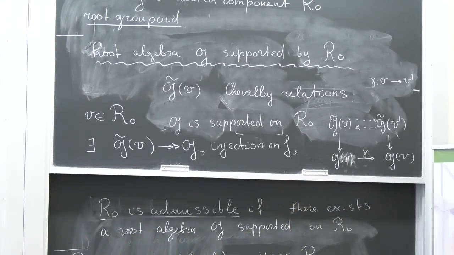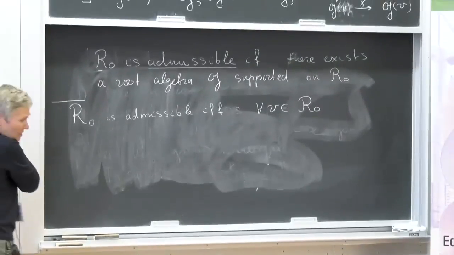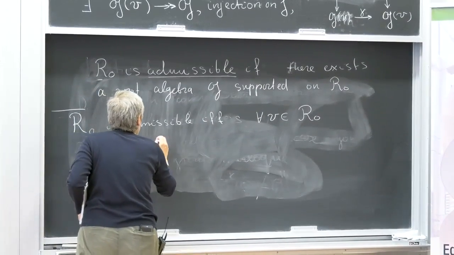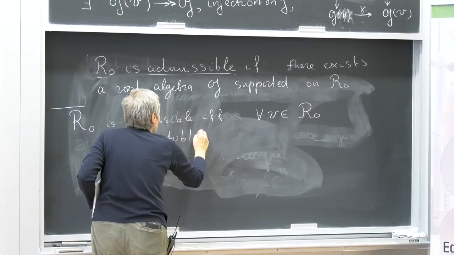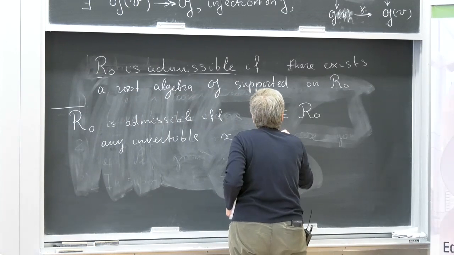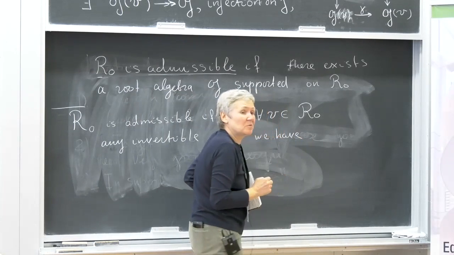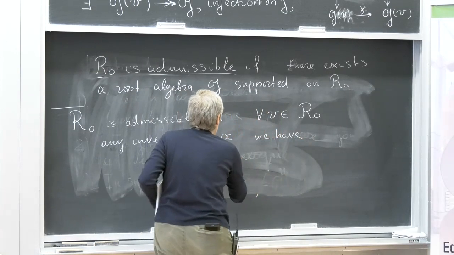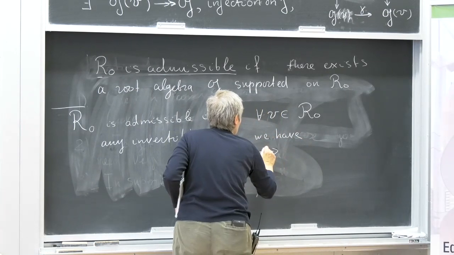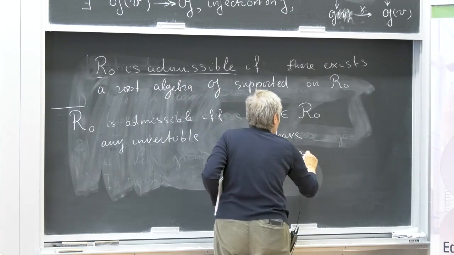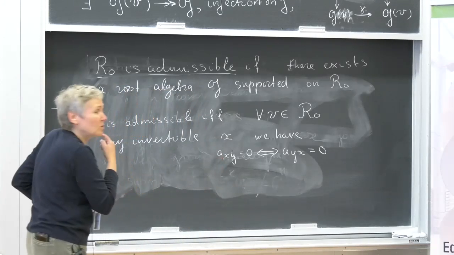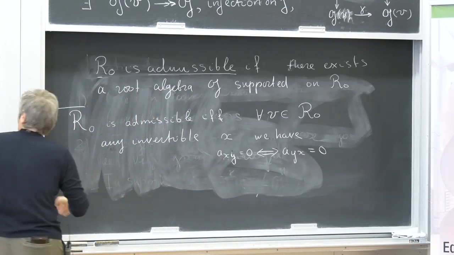So R0 is admissible if at any element here and any invertible x, we have weak symmetricity: A(x, y) equals 0 if and only if A(y, x) equals 0. We can prove it only in this case. Only in this case, the groupoid is admissible.